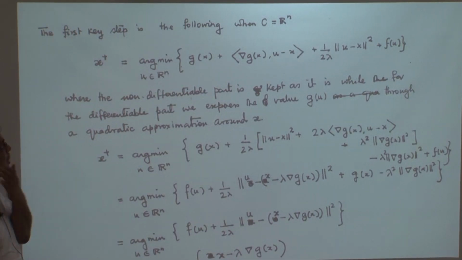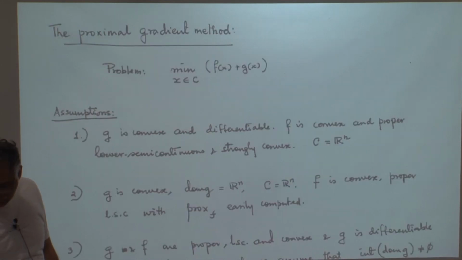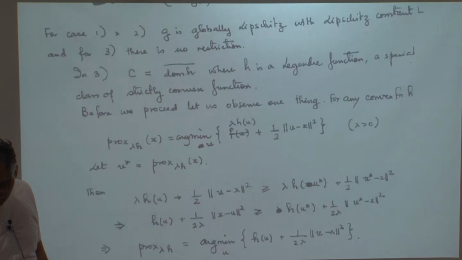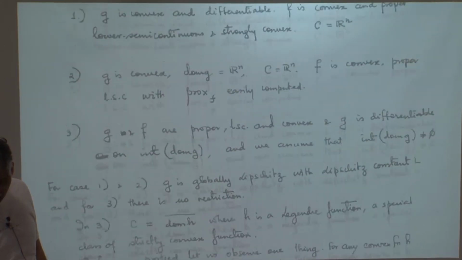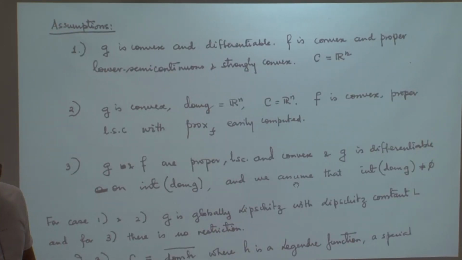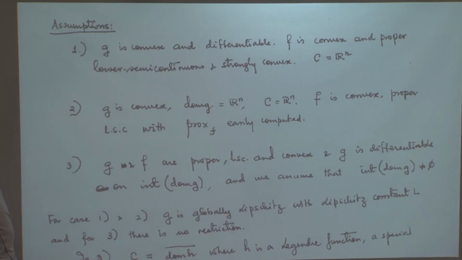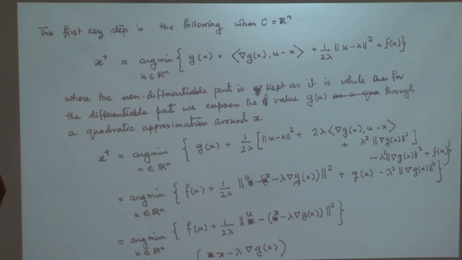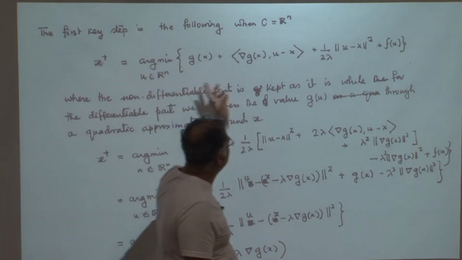So, when C is equal to Rn, one of the first steps to take is this. You see in case 1, F is convex and strongly convex, that has been told. So these are strongly convex problems.